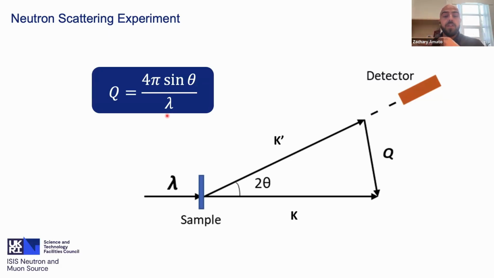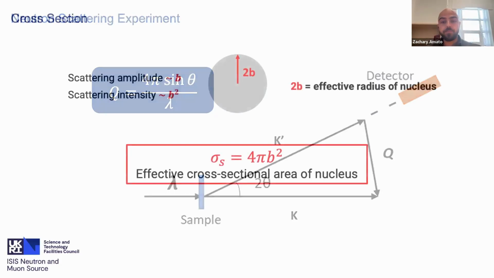So actually, if you want to look at atom to atom distances, really small distances, you want neutrons to have a very short wavelength so that it's comparable to the length scale that you want to access. So the instruments are very much designed keeping this in mind, putting detectors in a certain way and using a certain type of neutron beam. All of that is taken into account based on what you want to look at.